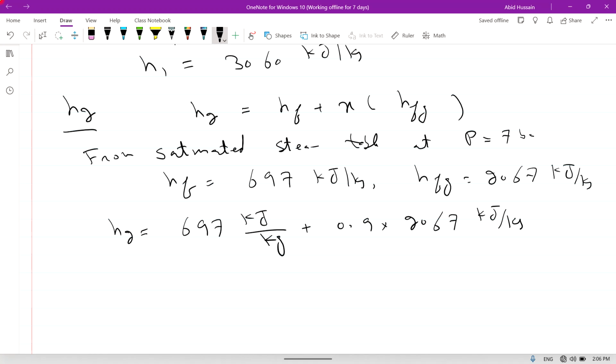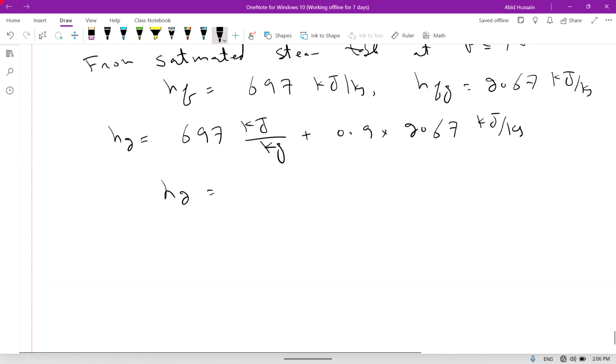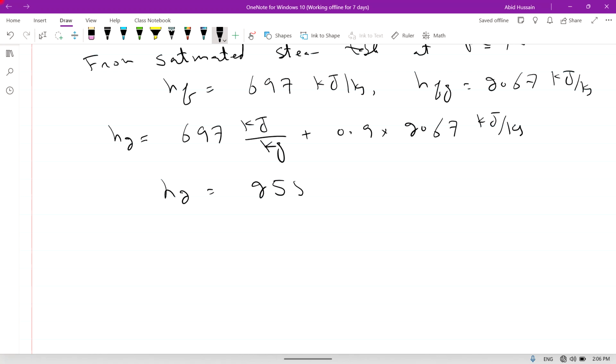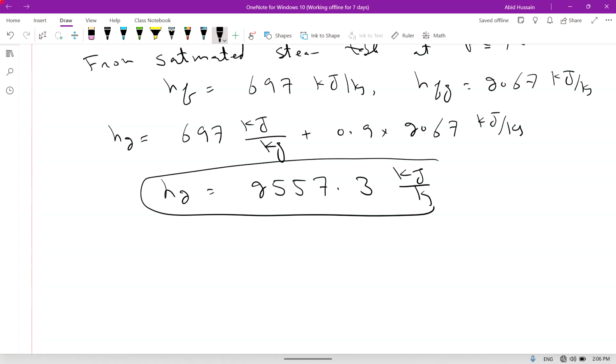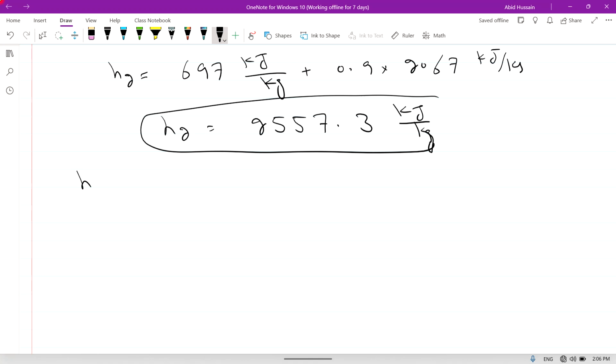After simplification, h2 will be equal to 2557.3 kilojoule per kg. This is very simple: multiply 0.9 by this value and add to this value. So the answer will be 2557.3 kilojoule per kg.